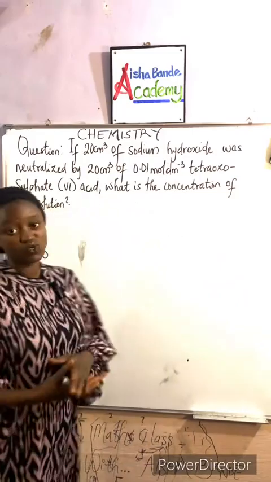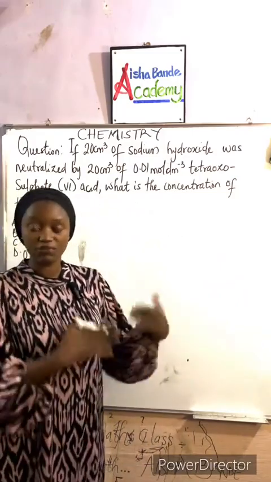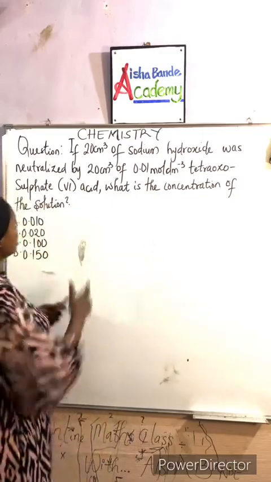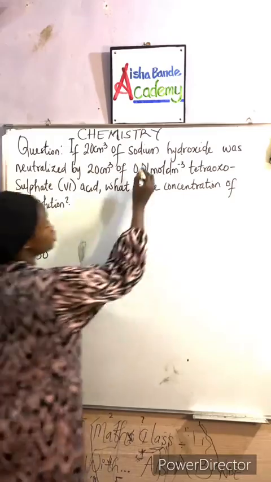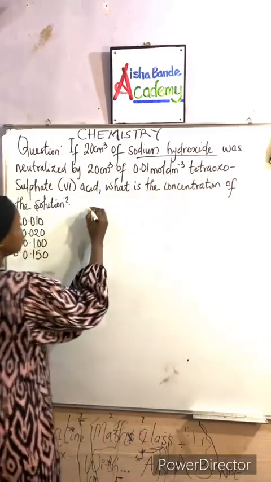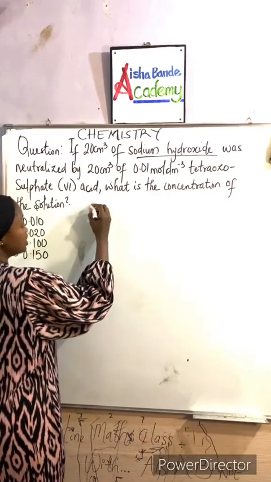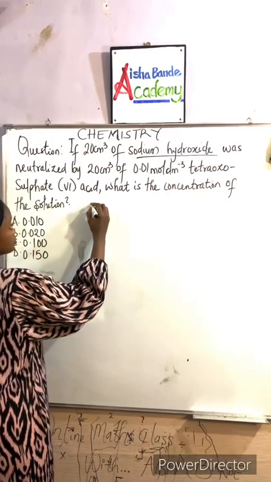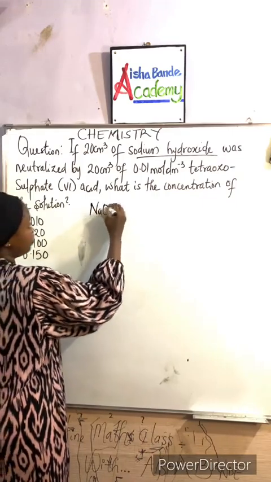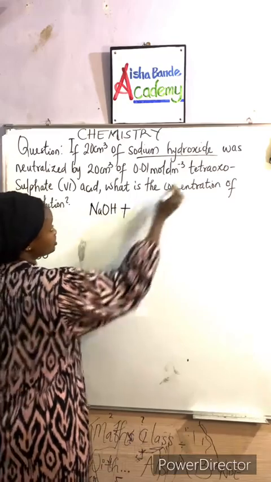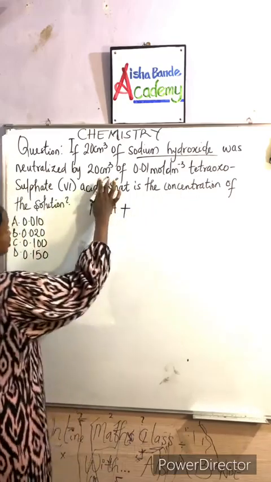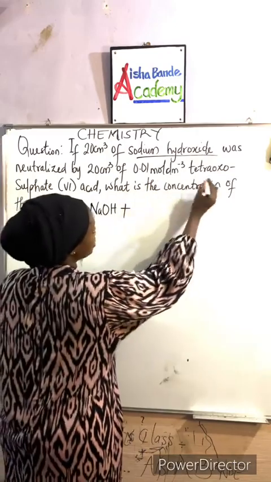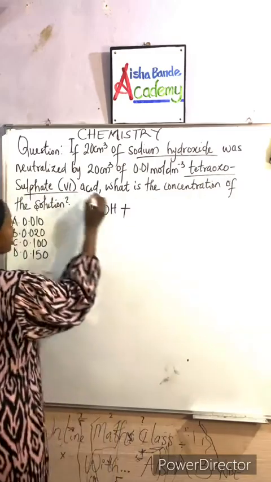So for us to begin this question, first we need to write out the chemical equation for the question. It says 20 cm³ of sodium hydroxide. So we have sodium hydroxide, which is NaOH, reacting with 20 cm³ of 0.01 tetraoxosulfate(VI) acid.